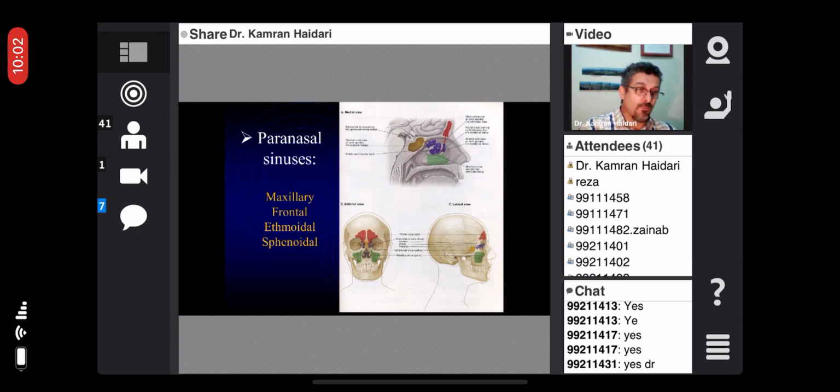In this picture they are equal, but most of the time, in different people, the frontal sinuses are different in size and sometimes absent on each side.